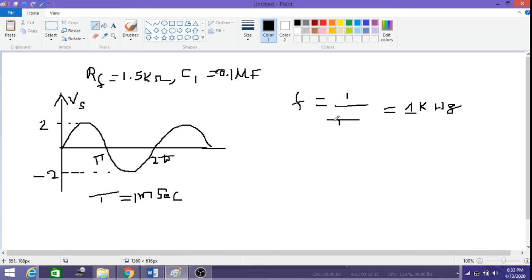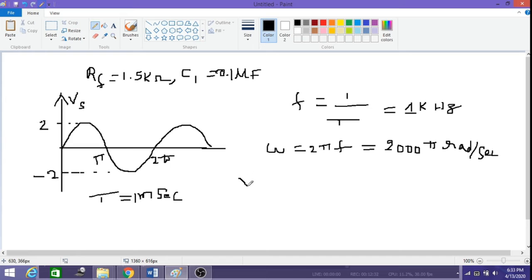Then omega is equal to 2 pi f. We can substitute here and we will get 2000 pi radians per second.